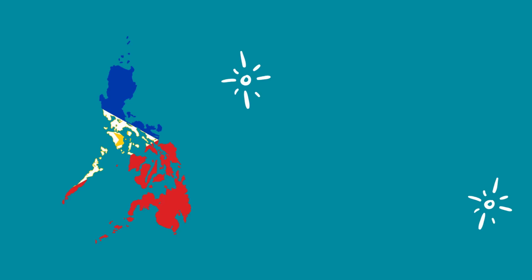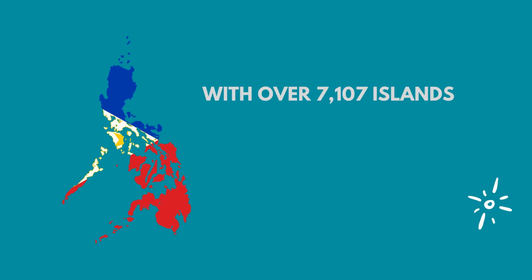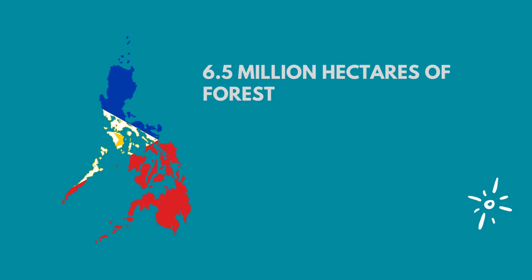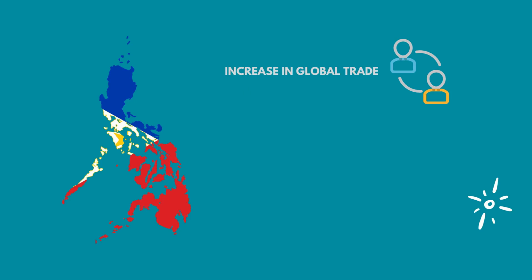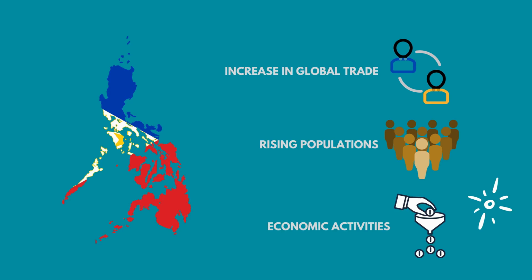The Philippines is known to be rich in biodiversity, with over 7,107 islands and 6.5 hectares of forest. It is one of the 17 mega-biodiverse countries in the entire world. However, due to the increase in global trade, rising populations, and economic activities, there have been multiple cases of invasive species being introduced in its ecosystem.